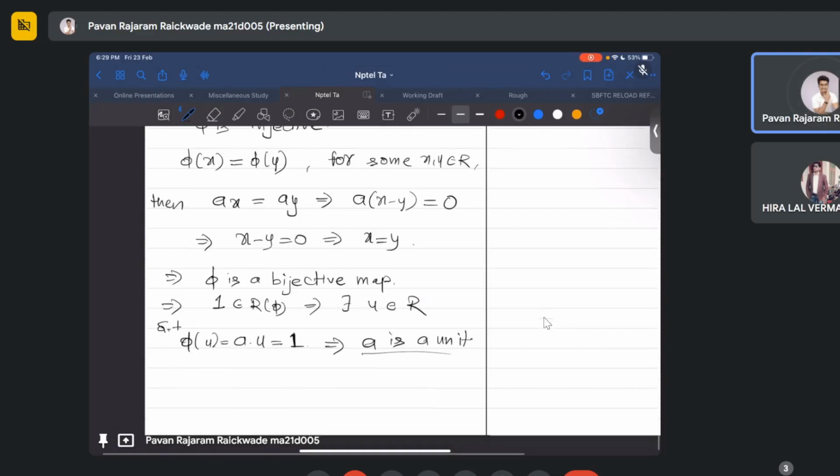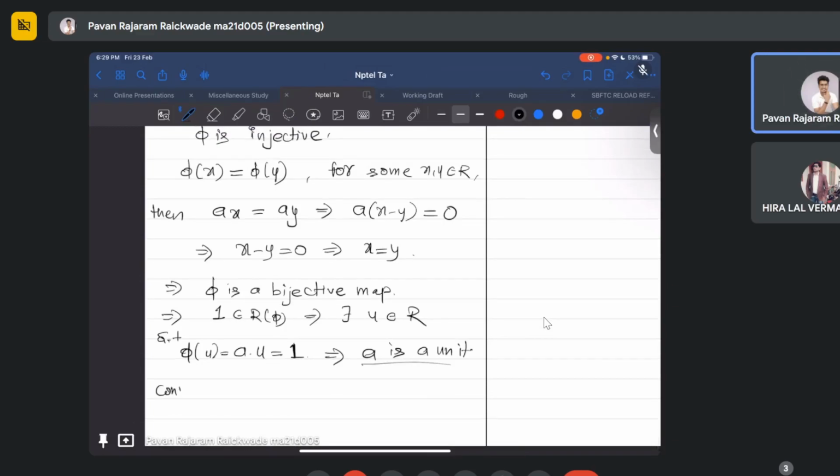So conversely, suppose a is not a unit. Then 1 does not belong to the range of phi, because if 1 belongs, then you know that a is a unit, a times u equals 1.